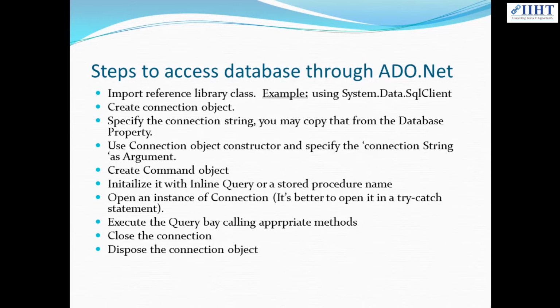Next, create the command object, which we can initialize either with an inline query or with a stored procedure name. Then open the connection instance, execute the query by calling the appropriate method, and then close the connection.